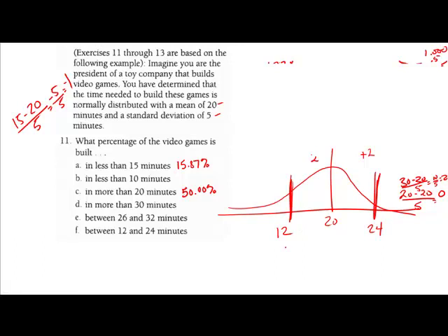So first I got to find what z-score corresponds with 12. 12 minus 20 divided by 5, negative 8 divided by 5. Let's check the calculator. 8 divided by 5 is negative 1.60. Looking up on my sheet, a negative 1.60, .0548.